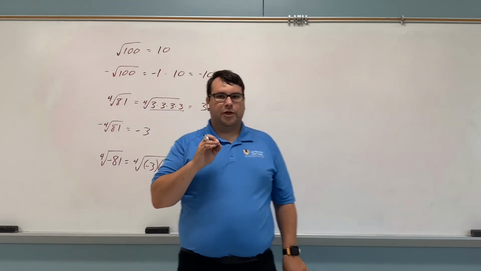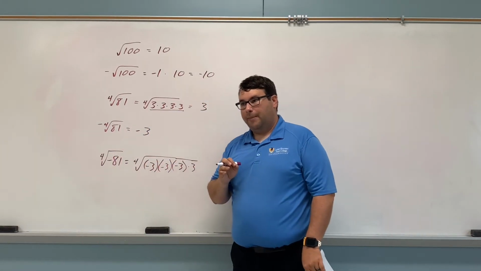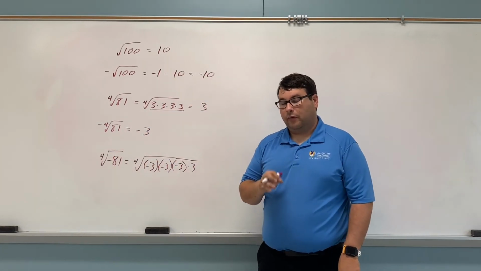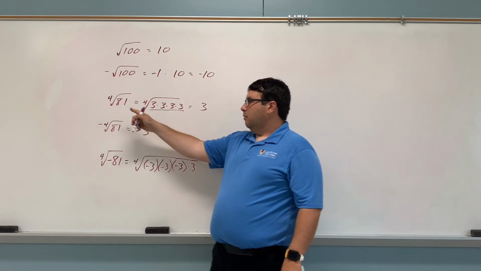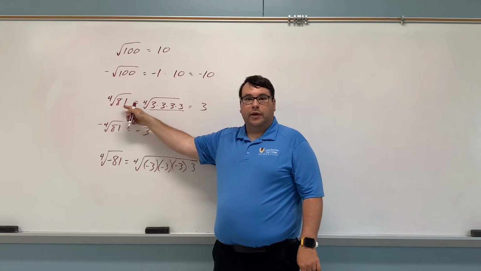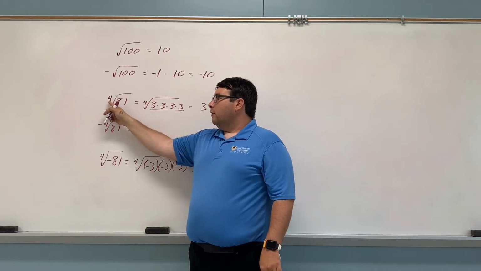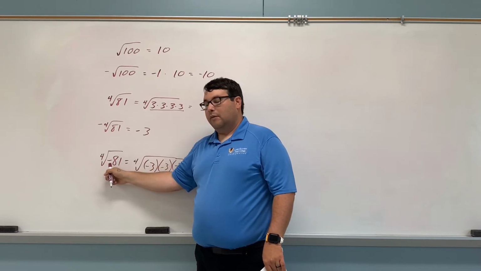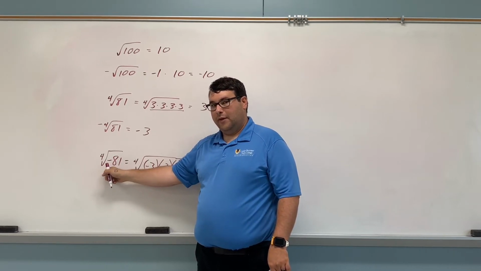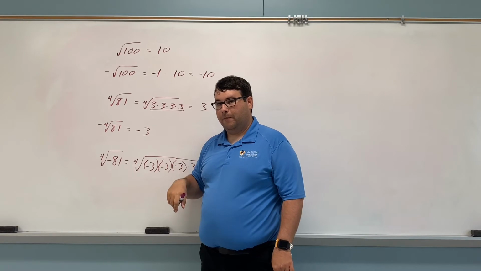And this is going to be true of any even root index. Any even root index, be it 2, 4, 6, a billion, doesn't matter. What you're seeing is that your even root index cannot include a negative inside of the radical.